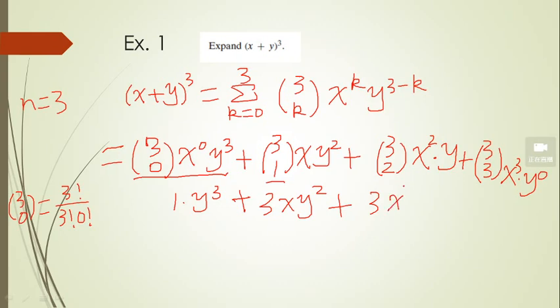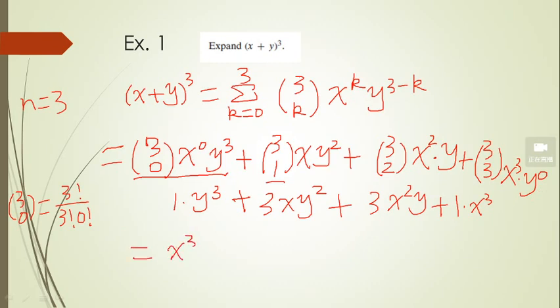That's why you get 3 different terms here. This number means 3. Then 3 choose 3 means you choose all of them together. Of course, you only have one choice. You choose all the x together, and y to the 0 is 1. So that is how we expanded it.